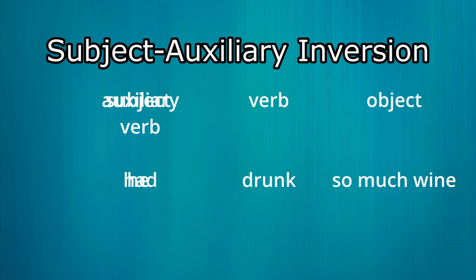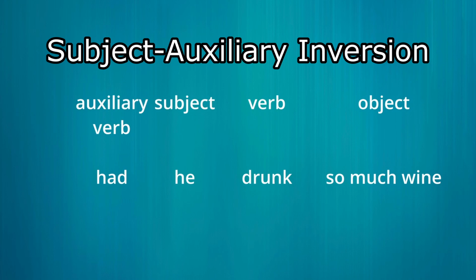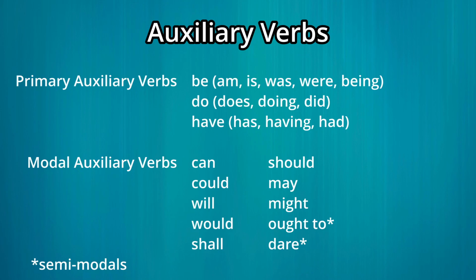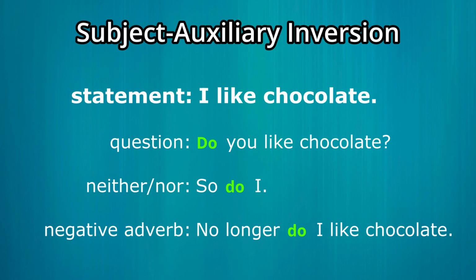And in subject-auxiliary inversion, the auxiliary verb is placed before the subject. And a quick point about subject-auxiliary inversion. In all forms, if the normal sentence doesn't use an auxiliary verb, then we use do as an auxiliary verb in the inverted sentence.